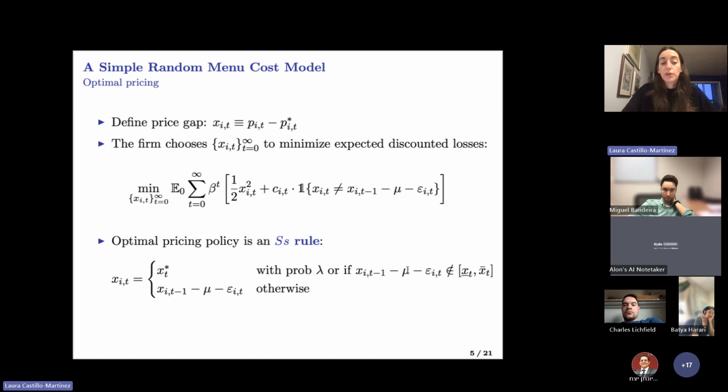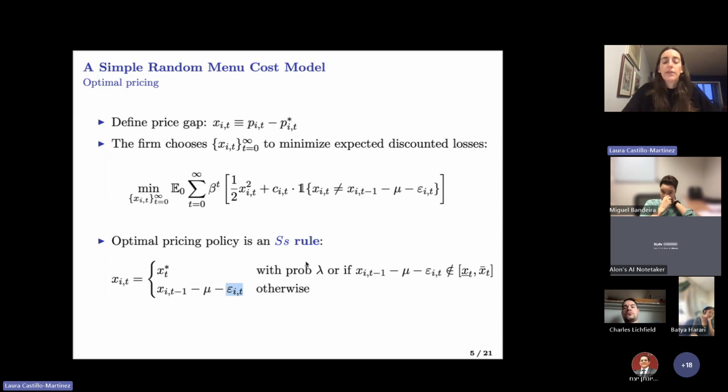So when the firm decides to adjust, it's going to set its gap equal to some optimal level, which is going to be captured here by x_t star. If it doesn't adjust, with the rest of the probability, what's going to happen is it's going to allow the price to drift and therefore the gap to drift passively according to the trend inflation component and also any realization of the idiosyncratic shock to the frictionless price.